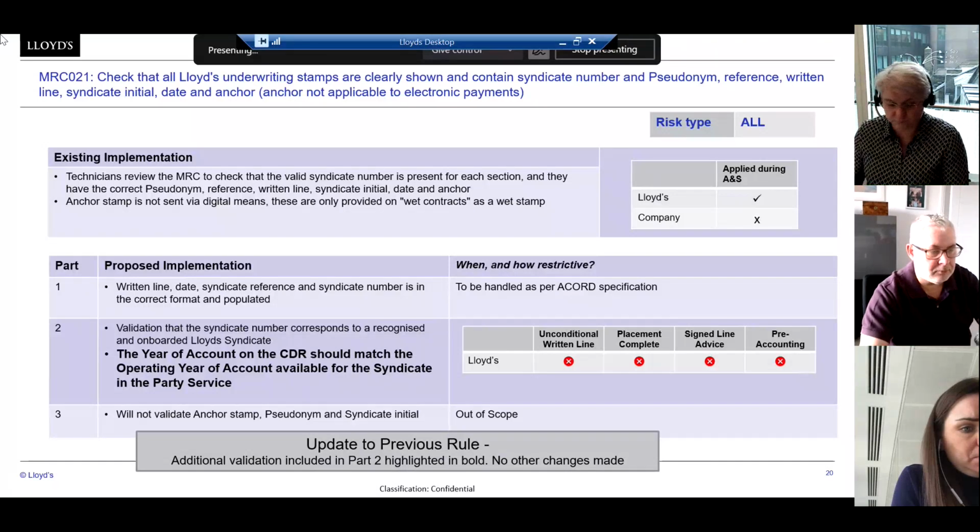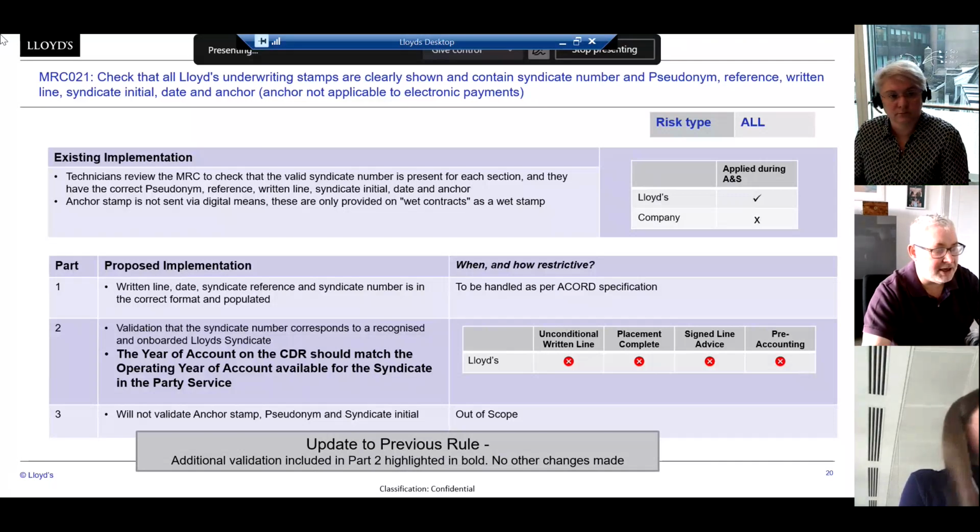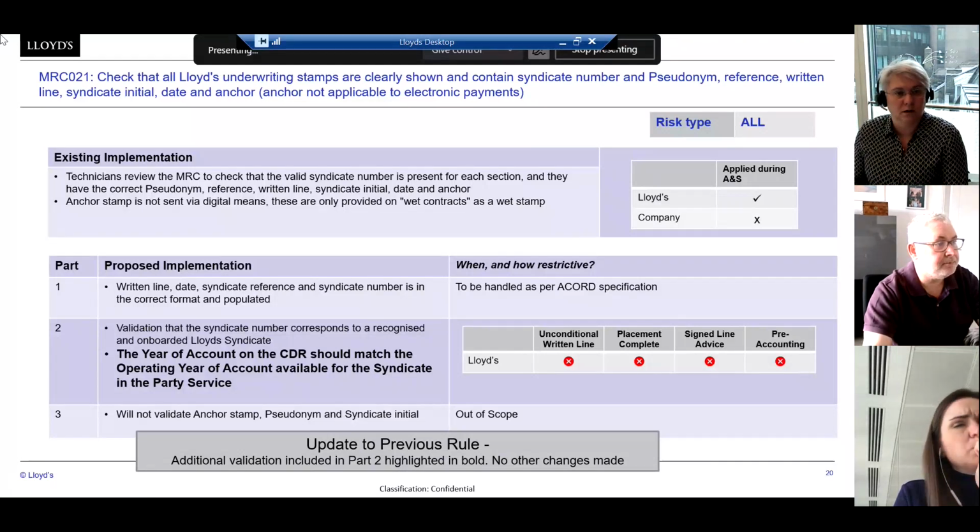Are there any other questions, or should we move on? Well, if you're going to approach Lloyd's, a scenario to put to them is: is it conceivable that different syndicates can have different years of account for the same risk? I think that was clarified in the CDR sessions, that it was correct. Clarified by Lloyd's? Yes, it was clarified by Lloyd's. Okay, fantastic, you've done it already.